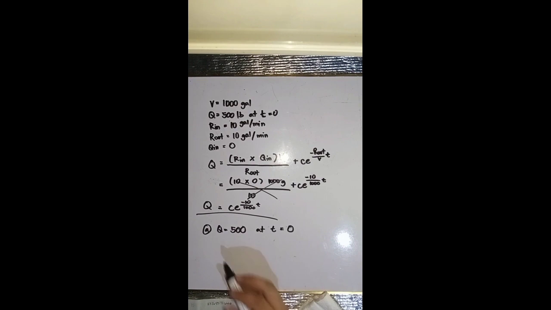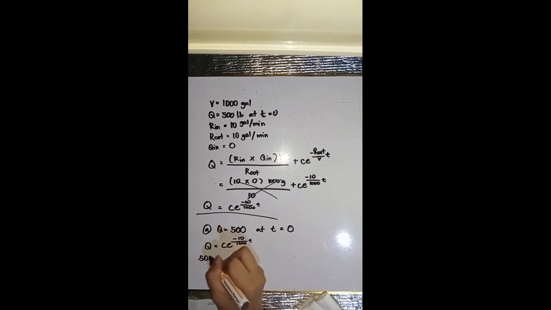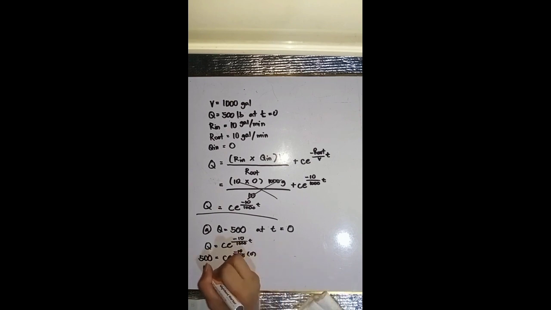We'll just substitute the values. Q equals C e raised to negative 10 over 1000 times T. So Q is substituted by 500, which equals C e raised to negative 10 over 1000, and the time is equal to 0. Negative 10 over 1000 times 0 is basically equal to 0. So 500 equals C times 1. So C is equal to 500.